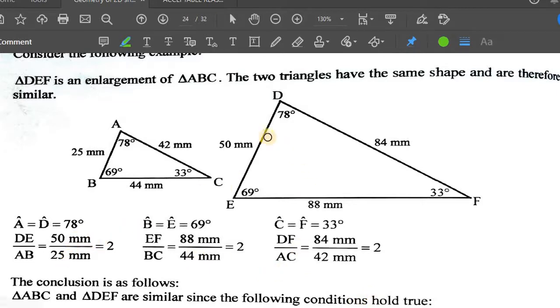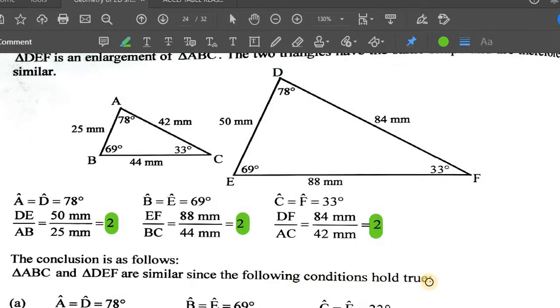They took the bigger one over the smaller one, so 50 over 25, we got 2. 88 over 44, we got 2. Then we've got the 84 over 42, we've got 2 over 1, right?